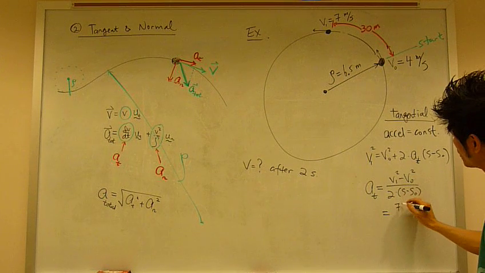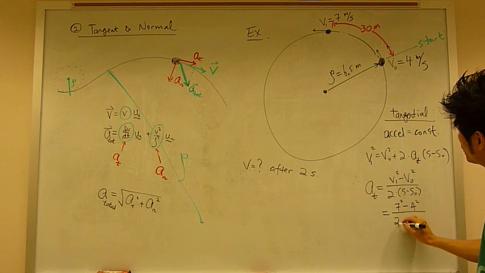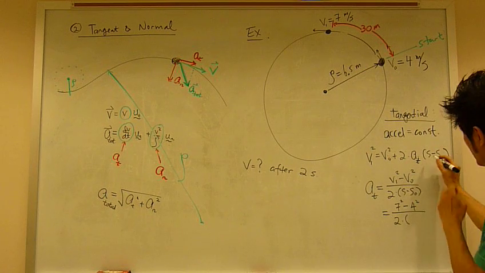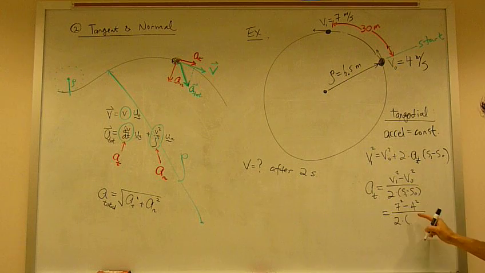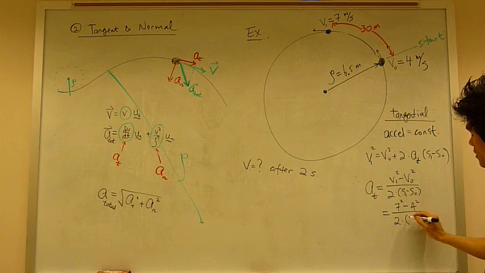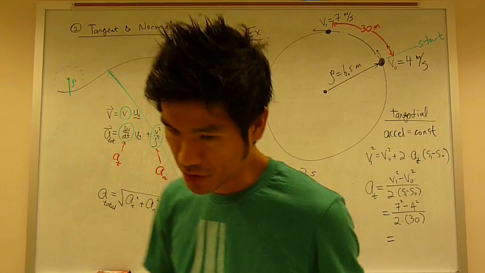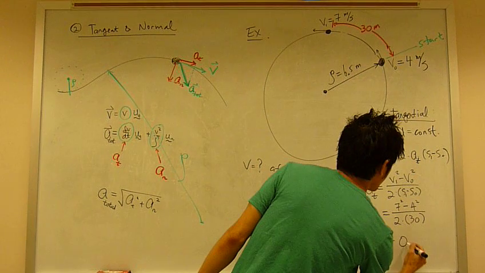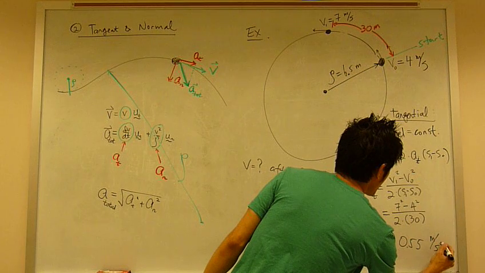v1 squared is 7 squared minus v naught, 4 squared, over 2 times s1 minus s naught, the final minus initial, which is the change in distance, so 30 meters. So you plug in numbers, and the tangential component of acceleration comes out to 0.55 meters per second squared.